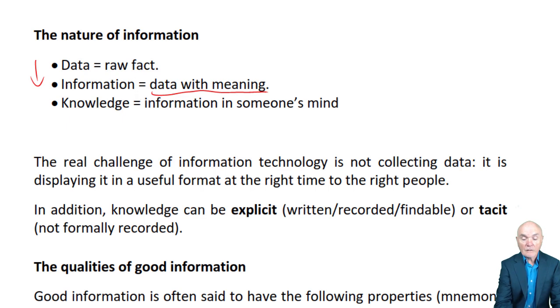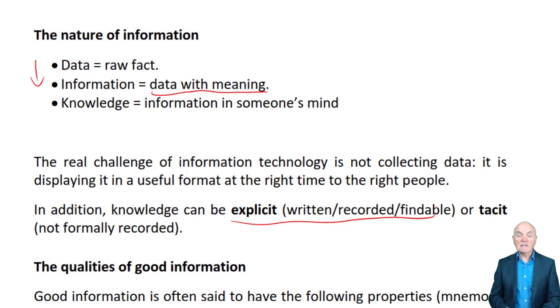There are two types of knowledge. First of all, there is explicit knowledge. Explicit knowledge is knowledge we know we have. It's usually written down or recorded in some way. And once it's recorded, let's say in a database or a spreadsheet or even a Word document, you can search for it, you can find it. It's captured, safe, and it can be shared.